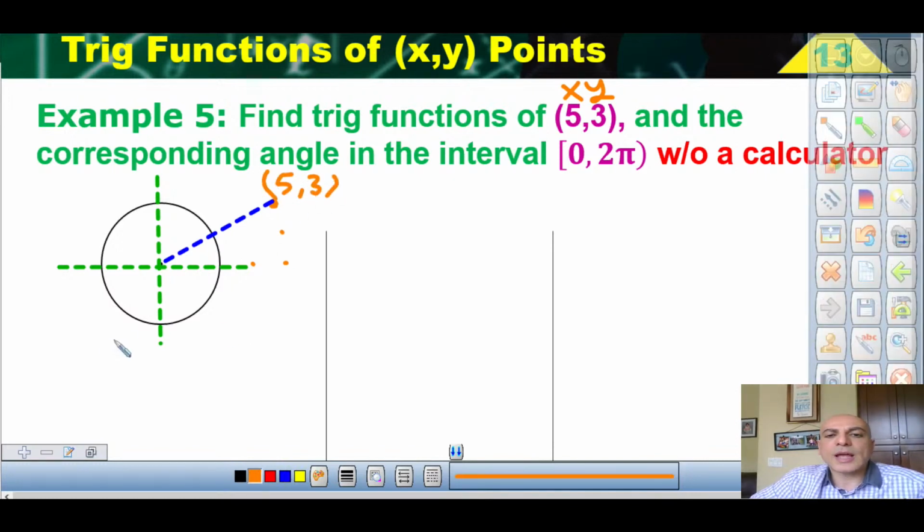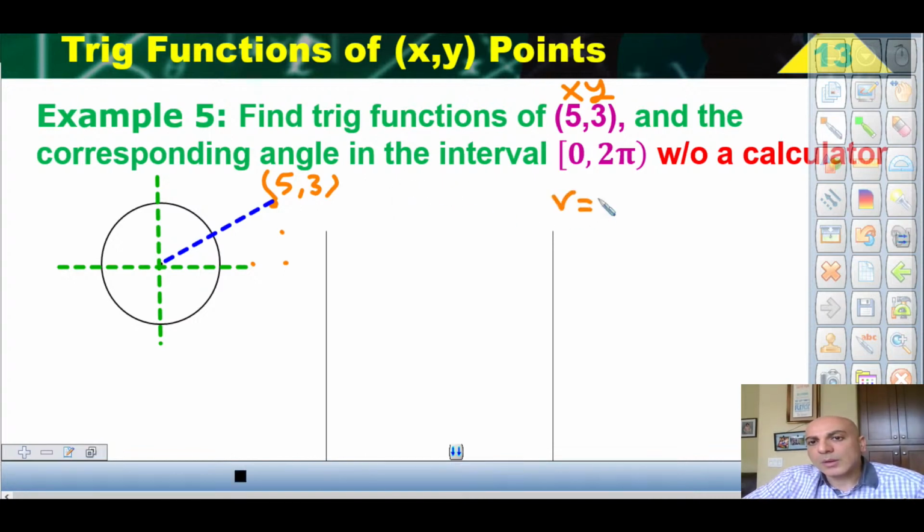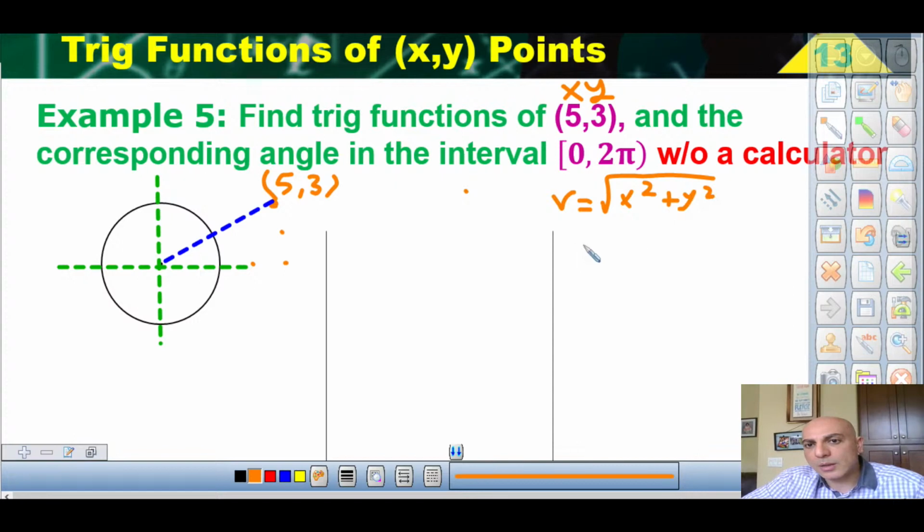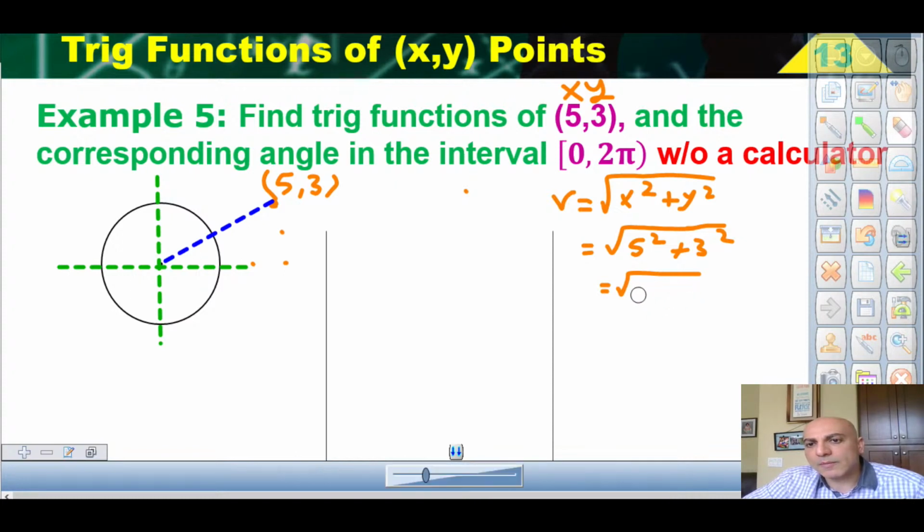Okay, first of all, I have to find r. So r equals the square root of x squared plus y squared, using the Pythagorean theorem. R equals 5 squared plus 3 squared. That's 25 plus 9.